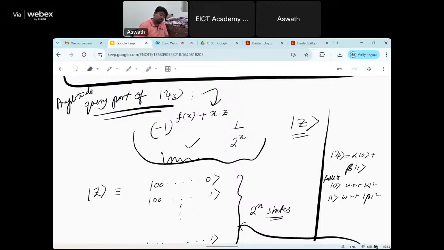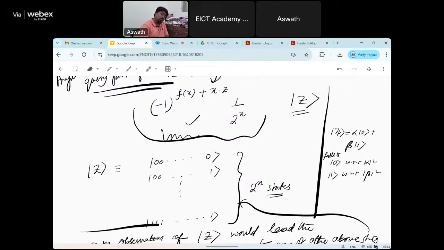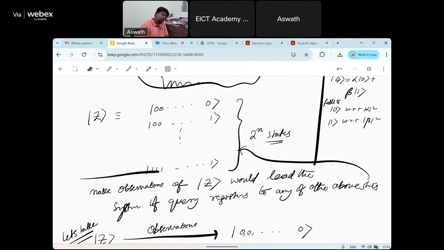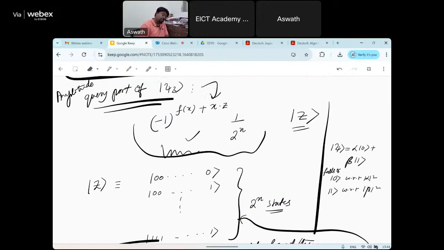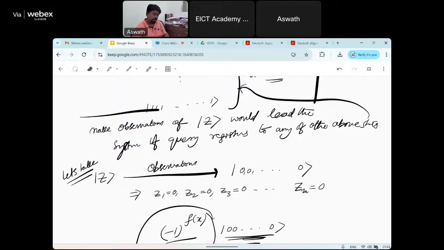If I take all z equal to zeros, x dot z is not going to come into play. What comes into play is (-1) to the power of f of x multiplied by 1 by 2 to the power of n. Now f of x is the one function which can be balanced or constant.